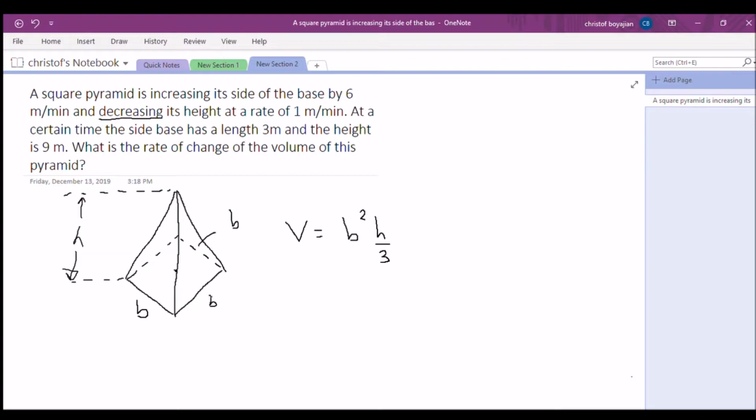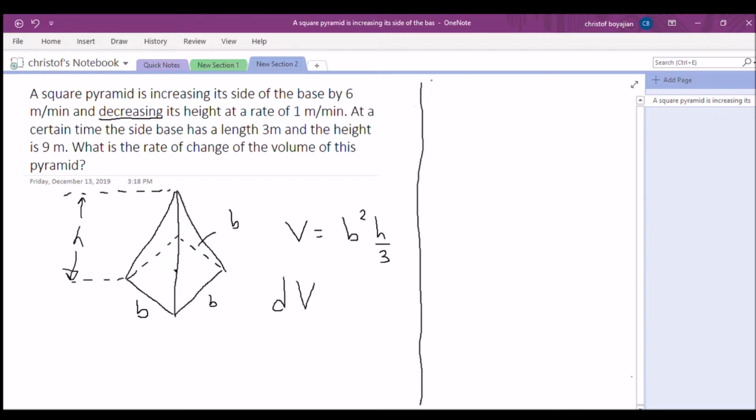That is the volume of the square pyramid. Okay. So we want to find the rate of change of the volume of this pyramid. So we're going to have to differentiate V, in other words, take the derivative of the volume.